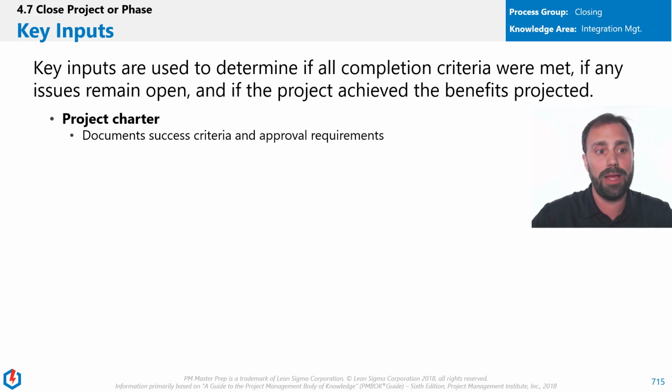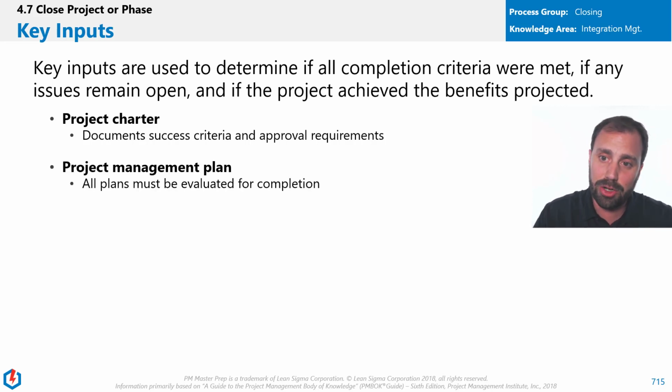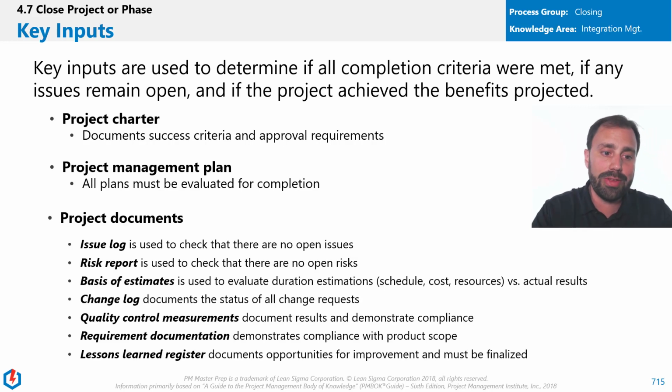Obviously, the charter, that's a foundational document. It set the success criteria, the approval criteria, and it set basic understandings of the benefits we're trying to achieve. Then the project management plan we want to look at to make sure that we followed through as deeply as we needed to on every single plan. So we look through there. And then look at all these documents.